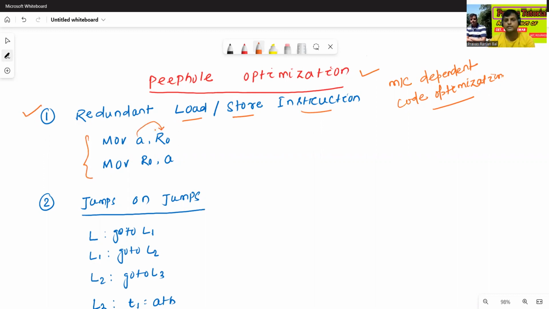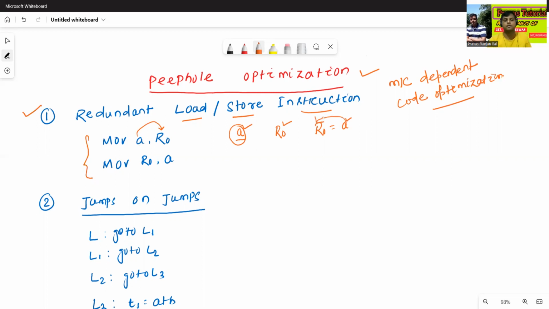Suppose I have two registers, A and R0. Move A to R0 means we move this A value in R0, or we can write R0 equals A. Here we just assign A value in R0.